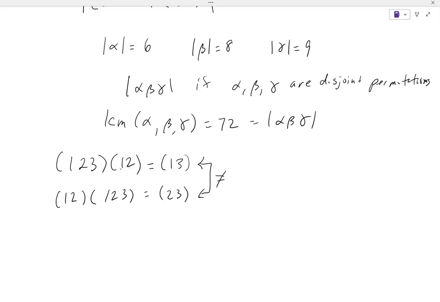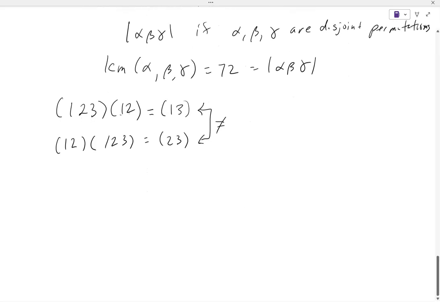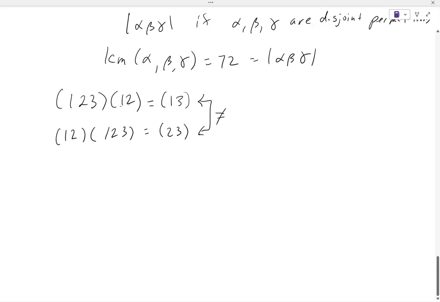Oh, sure. Gotcha. All right, so let's do some different theorems with order. This is theorem 7.8.